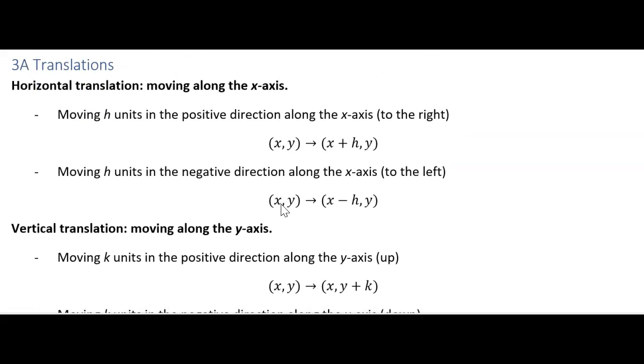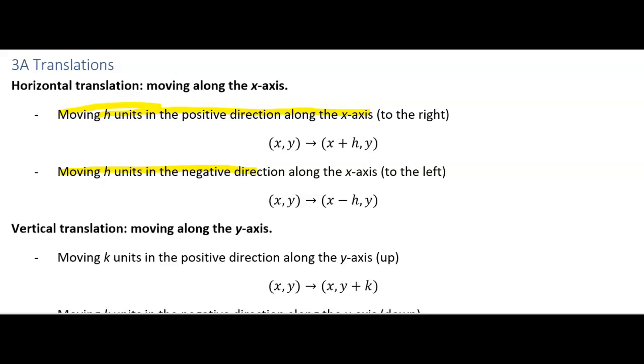So you can have horizontal translation, so moving along the x-axis. Now, try not to use the phrase moving to the left or to the right. You do need to say what I've got written here, and let me just highlight it. Moving h units, so if it was 2 units in the positive direction along the x-axis.